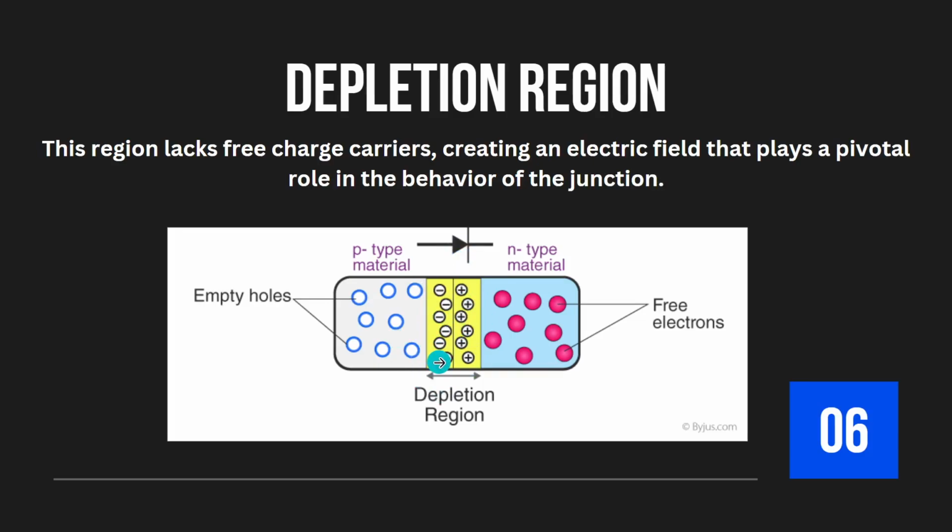It is created when we join these two materials together, and this is the place where the diode is going to play its role. We are going to explain the diode in the next lectures, but right here we are explaining the p-n junction.